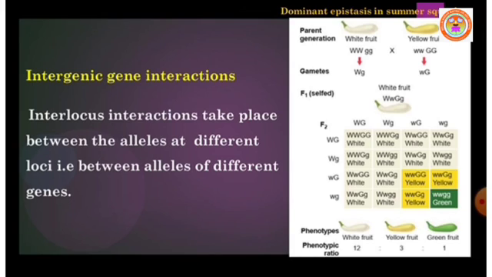In the hypostatic gene, yellow color will be produced due to the presence of capital G and the absence of the epistatic gene capital W. In the double recessive case, small w small g will produce the green color, instead of white and yellow.